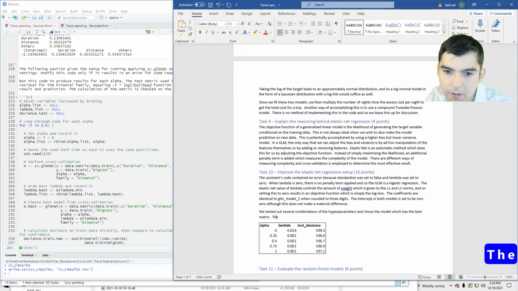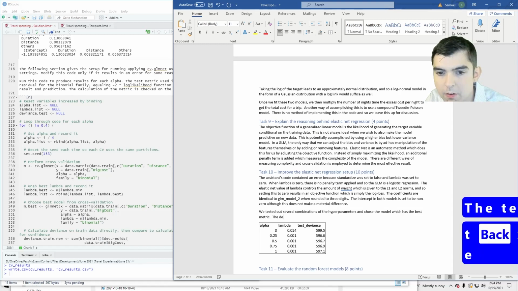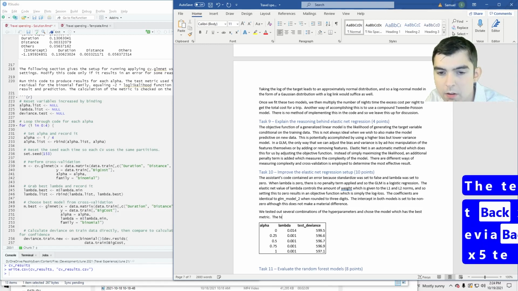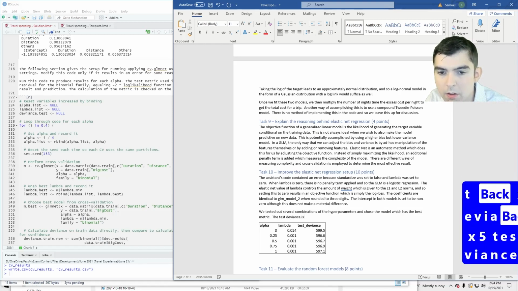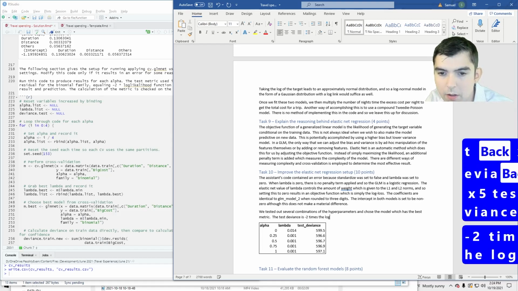Yeah, the test deviance. Deviance is -2 times the log likelihood.